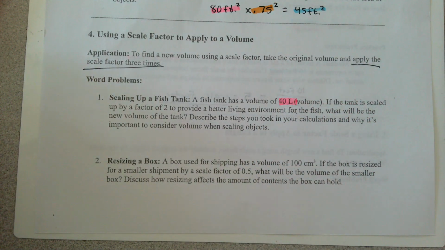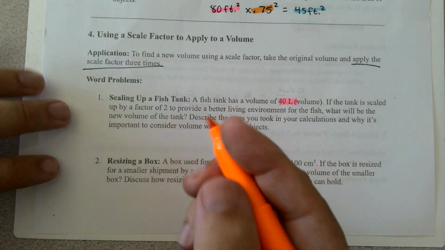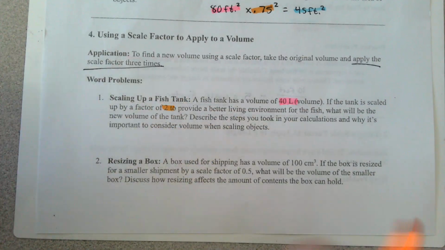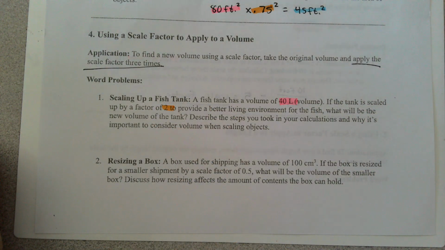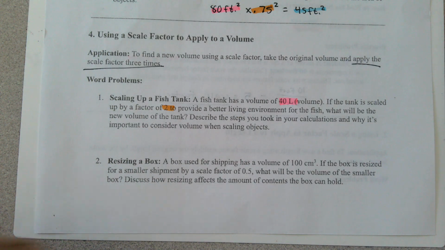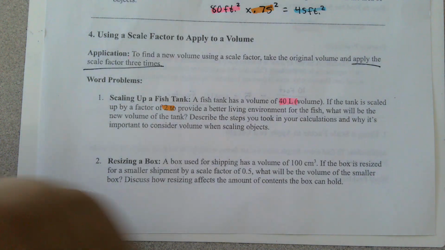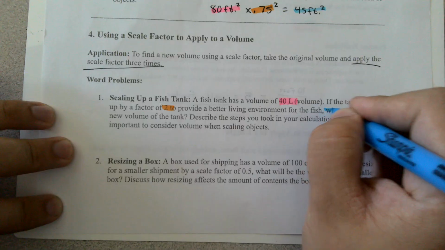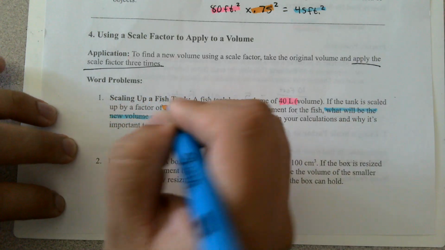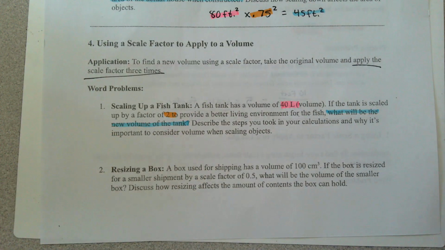If the tank is scaled up by a factor of 2, so scale factor of 2, to provide a better living environment for the fish, what will be the new volume of the tank? Describe the steps you took in your calculations and why it's important to consider volume when scaling objects. So it wants to know what will be the new volume of the tank, because we want to buy more fishies.